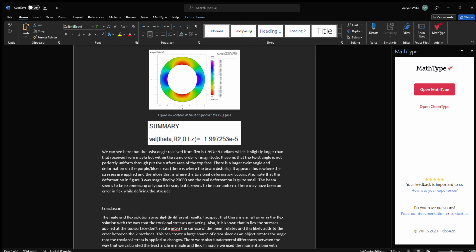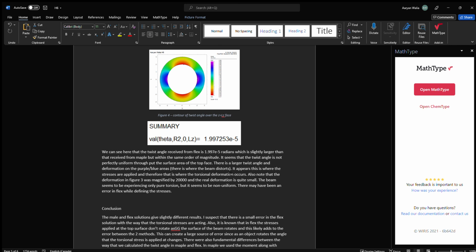Also, we already know that when shear is applied in Flex, it doesn't rotate with the face that it's applied on, and that changes the angle at which the force is applied, which can cause some error.